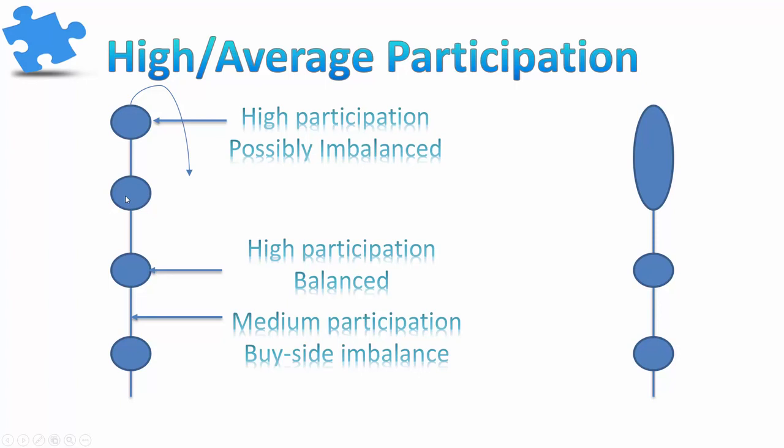Now, a lot of traders have a problem always fading the market. Every time they see a move up, they want to sell it. And every time they see a move down, they want to buy it. And of course, when they see these high participation areas after a move up, the first thing they think is reversal. And the thing is, even though you see this, the path of least resistance is still to the upside. It takes a lot to turn a market around.